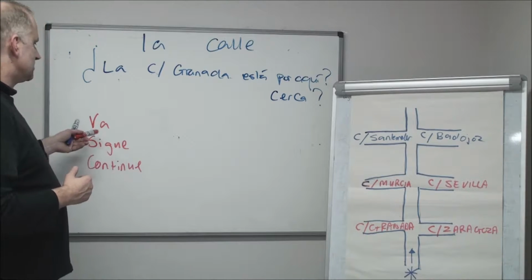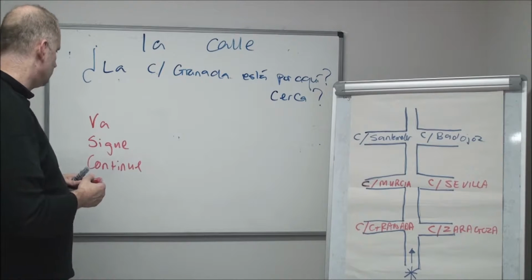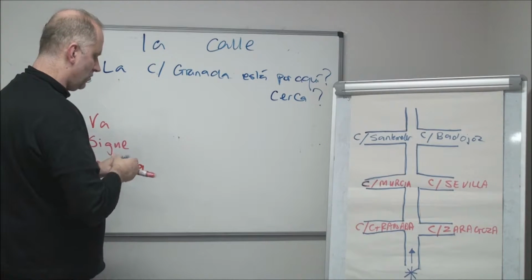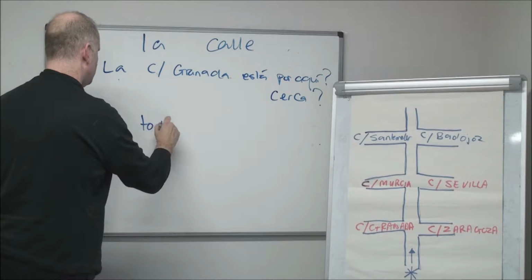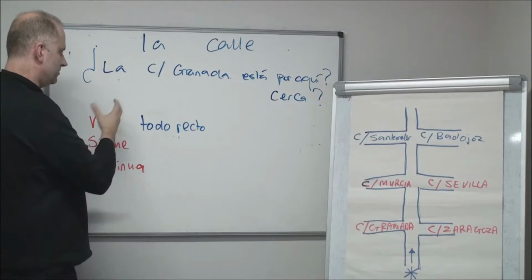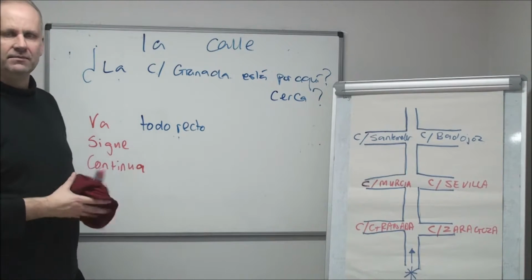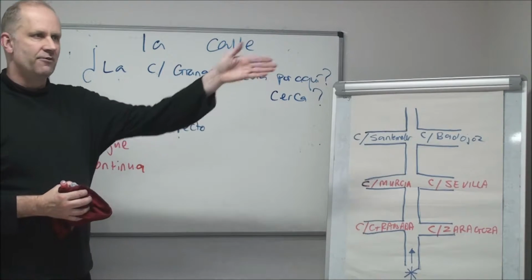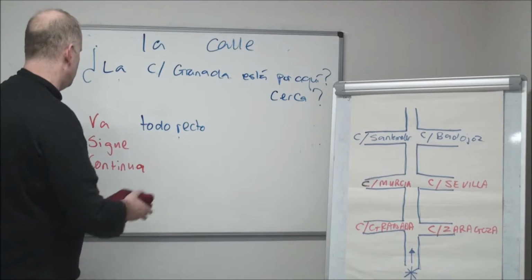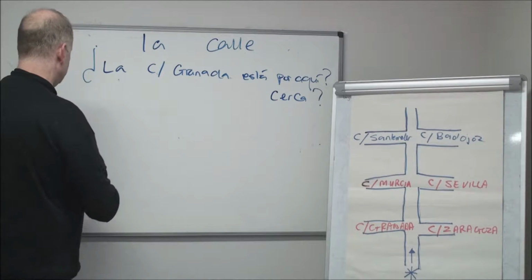Speaking to one person informally, va, sigue, continua, and then straight on will be todo recto. The simplest way to do it is just don't say the verb, just say straight on. If somebody asked me, where's the library? I could say go straight on, carry straight on, or just straight on without the verb. So just keep it simple, just say todo recto.